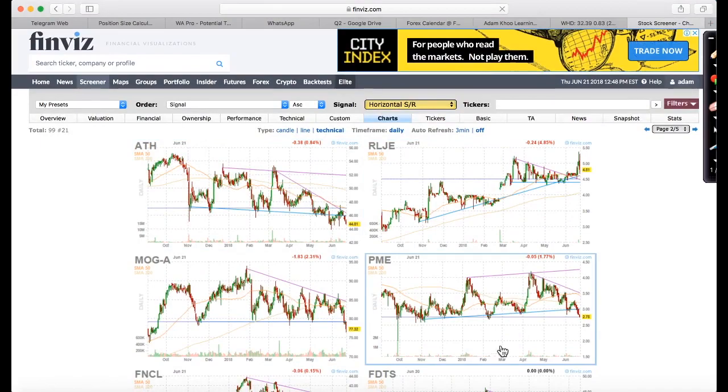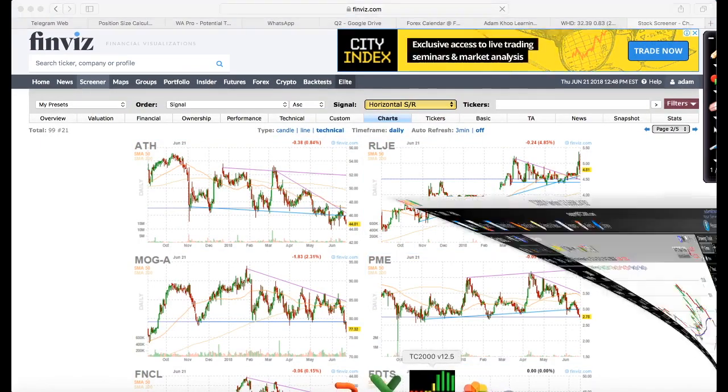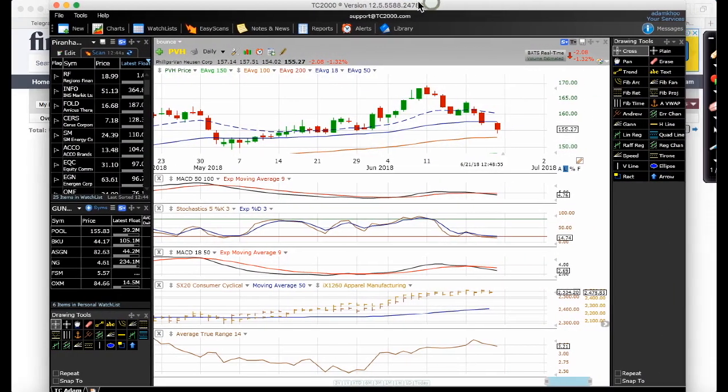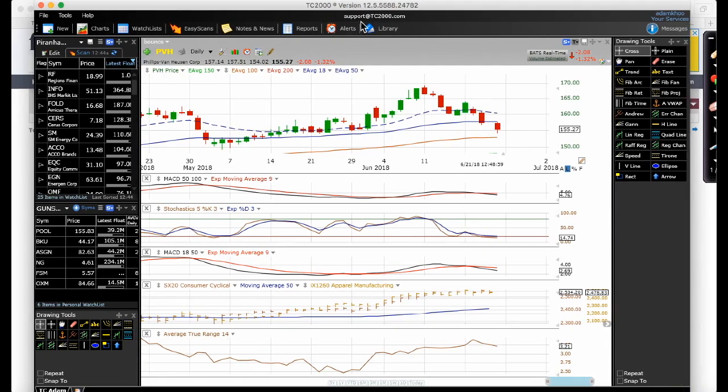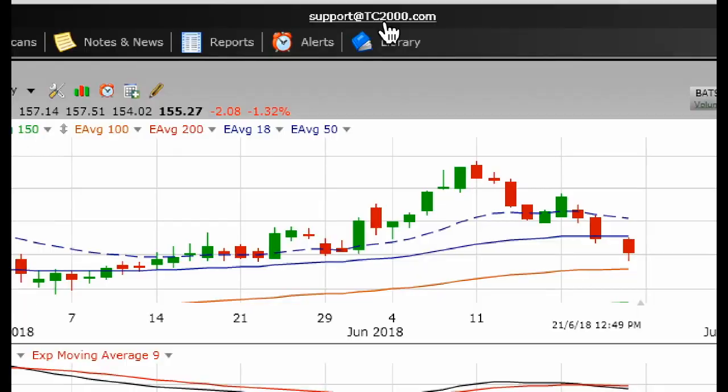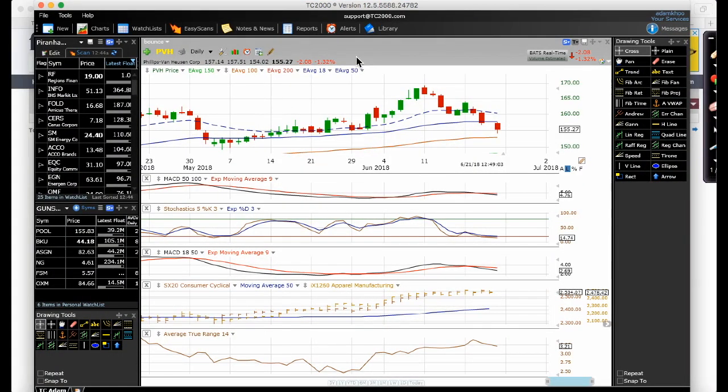The third method is using a custom screener on TC2000. So this is TC2000, and again, it's about $350 US a year for the subscription. And what you do is you create a custom scanner.